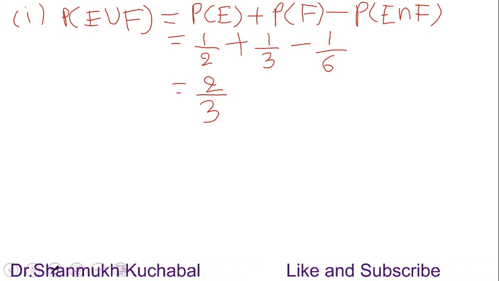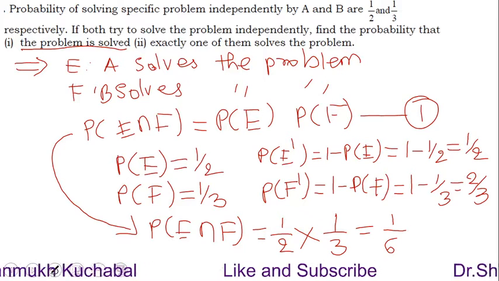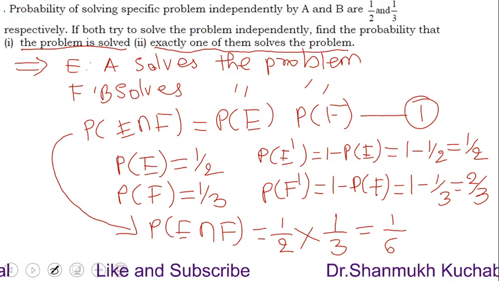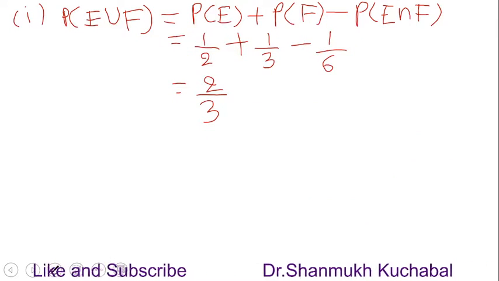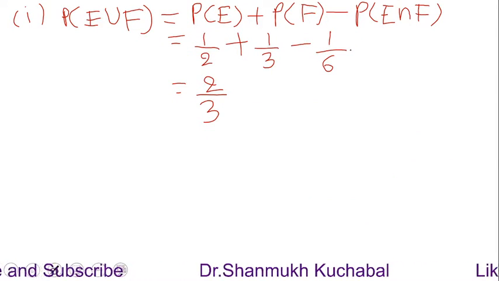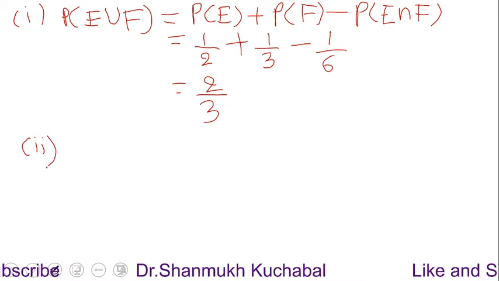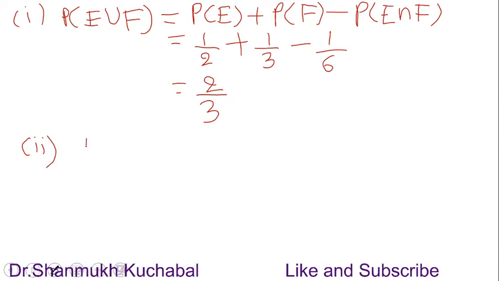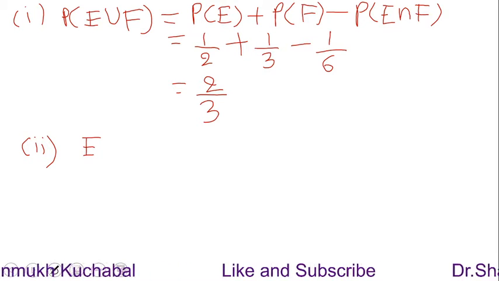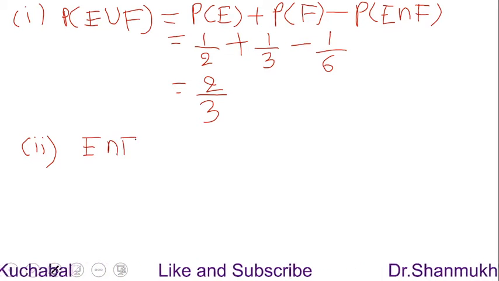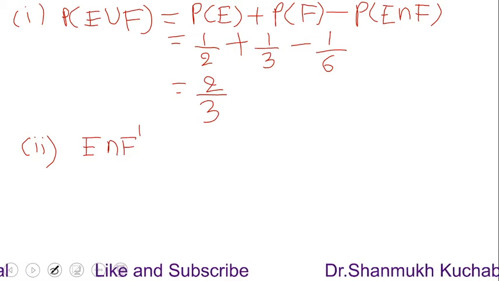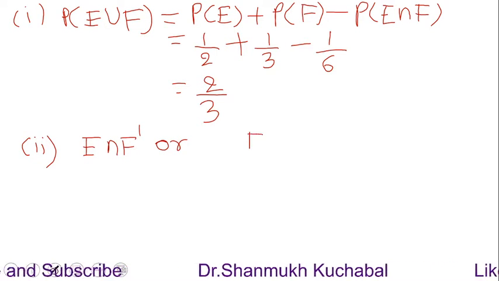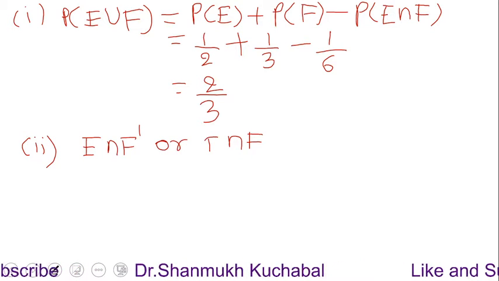Now we will solve the second sub question. The second sub question is exactly one of them solves the problem. So this is taken as a mathematical expression here. We have to calculate either E will solve the problem and F won't solve the problem, or else F will solve the problem and E won't solve the problem.